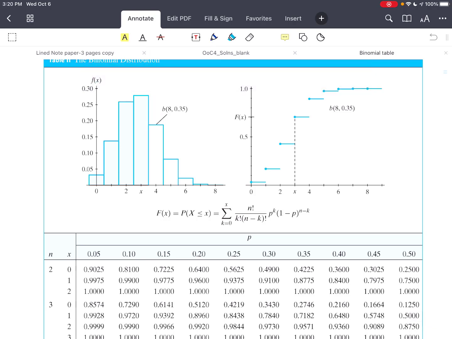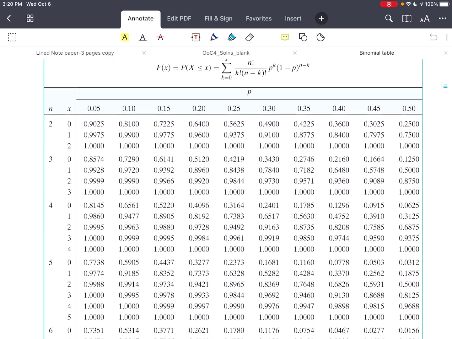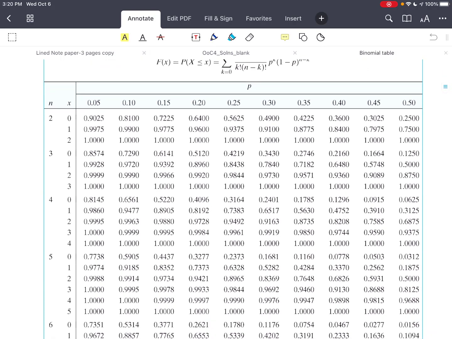Our binomial table, we see the p value goes up to 0.5. What we do see is a 0.25. So what we're going to do is look at this in a different way so that we can be clever and use this table even though the value of p is not listed.